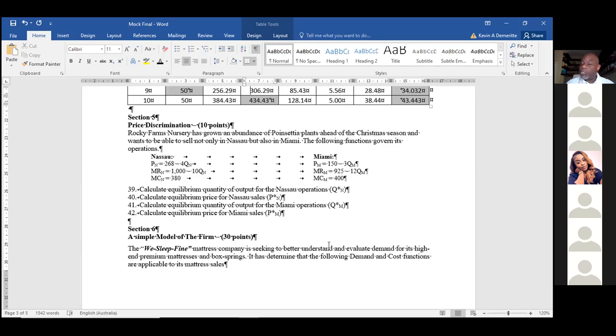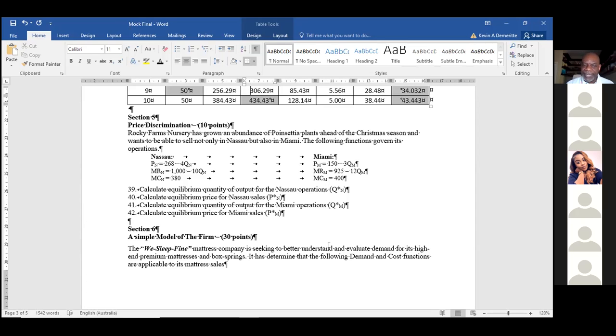So they end up with 2 markets for poinsettia plants, the Nassau market and the Miami market. Each market has a different marginal revenue function, a different marginal cost function, and a different price function, or what we call our inverse demand function.